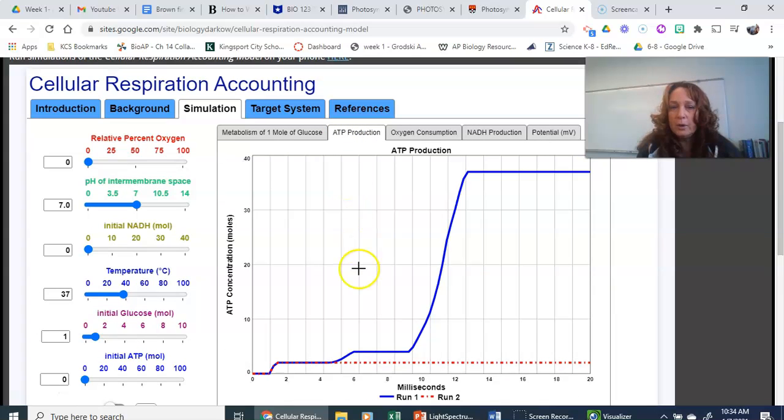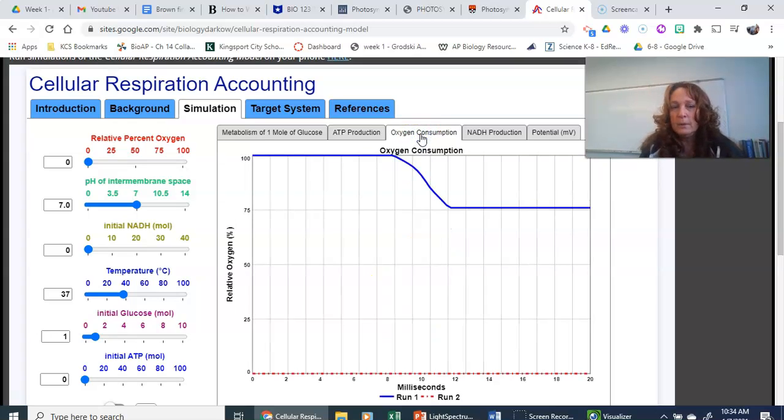And so here's what happens with my ATP. I had 0, then I had 2, and I never made more than 2. So I'll come back over here to my graph: 0, and then 2, and that's it. What happens with my oxygen? It stayed the same. You had 100%, and then you used the same amount as before.